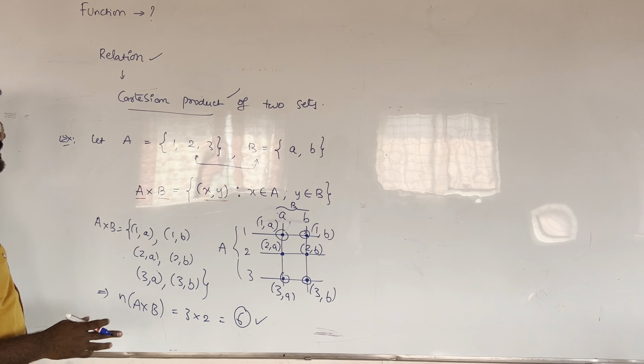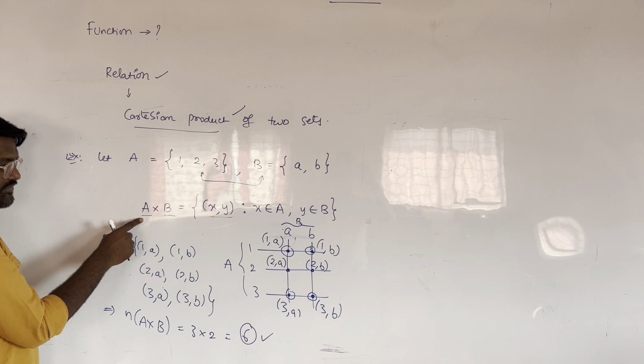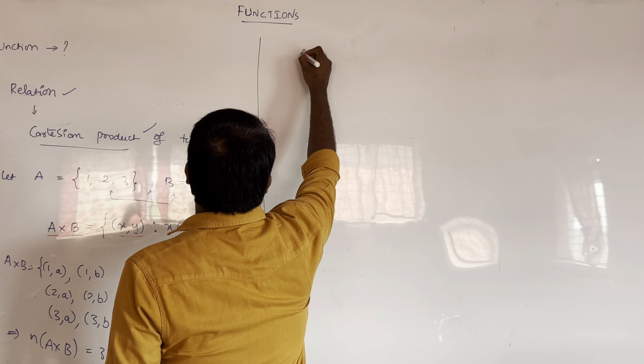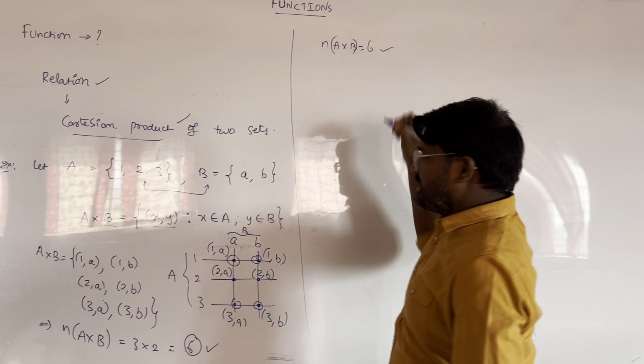Now, what is the definition of a relation? As I said, A cross B has 6 elements.